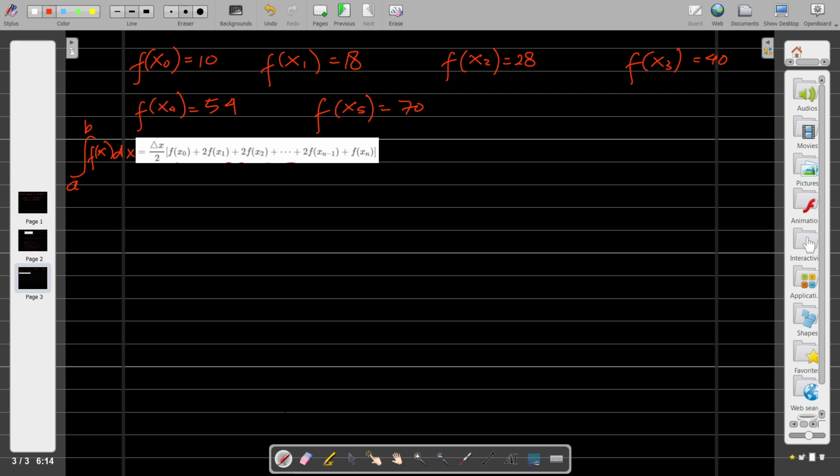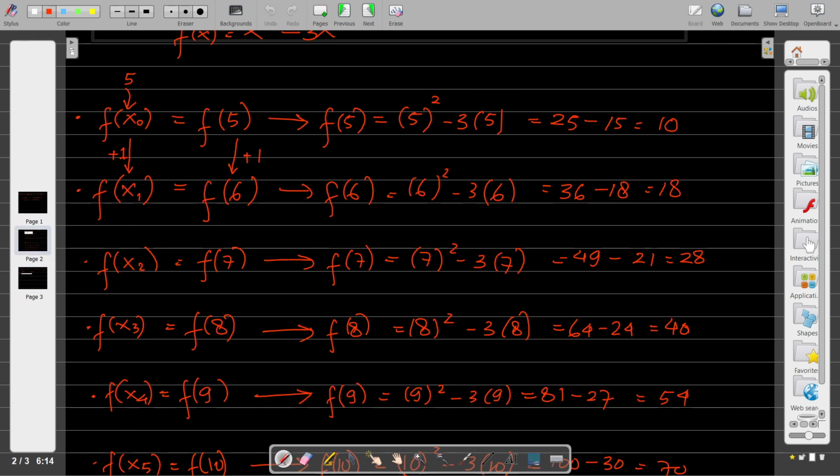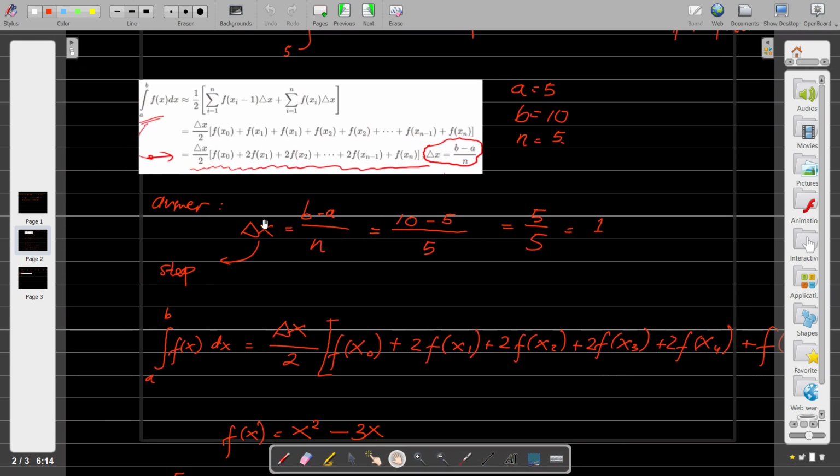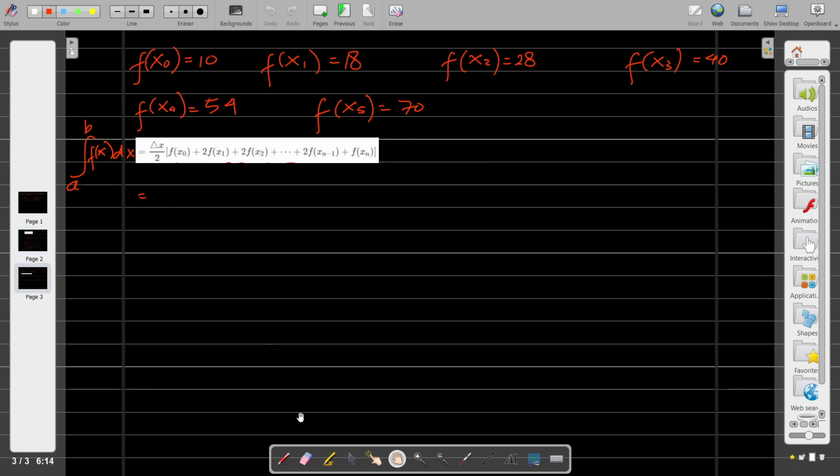Equals, our delta x is 1, so this is 1 divided by 2, bracket, f(x0) is 10 plus 2 f(x1), so f(x1) is 18, plus 2 f(x2) 28, plus 2 f(x3) 40, plus 2 f(x4) 54, and then plus f(x5) without multiplying by 2.